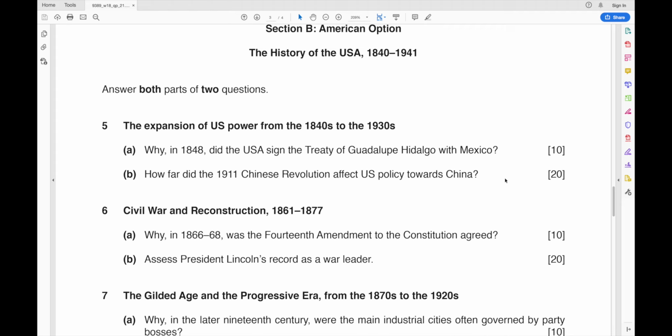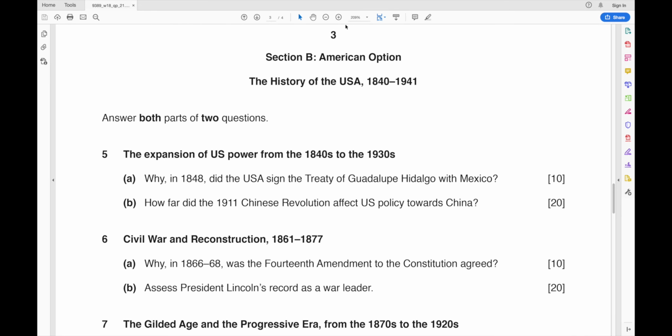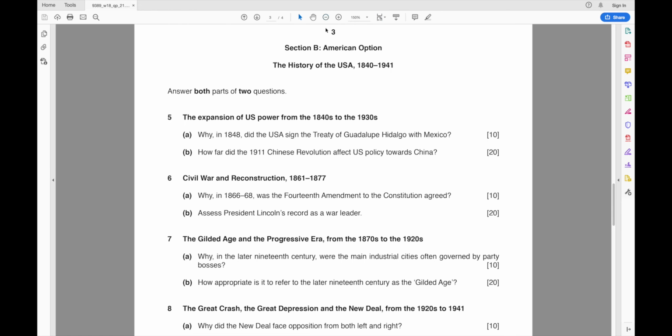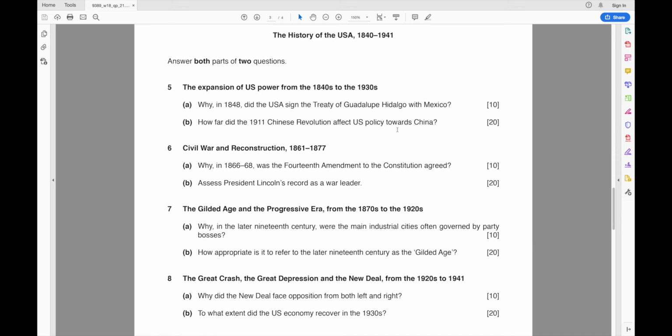A quick reminder, which you all should already know, is that when you're doing your paper 2, you have to pick 2 questions to respond to and do both parts. So if you want to do the Civil War and the Great Depression, that's fantastic, but you have to answer the A and B from the Civil War one and the A and B from the Great Crash and Great Depression one.